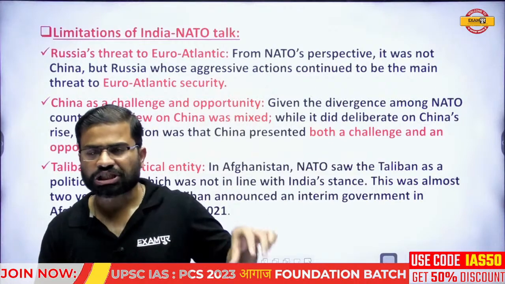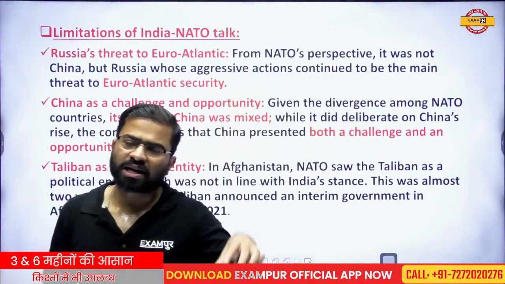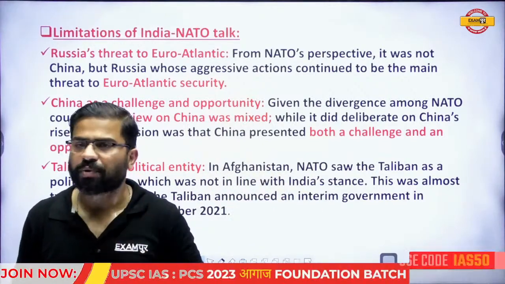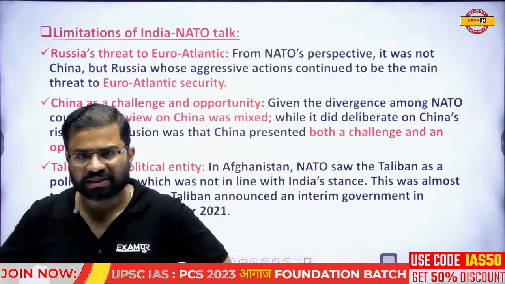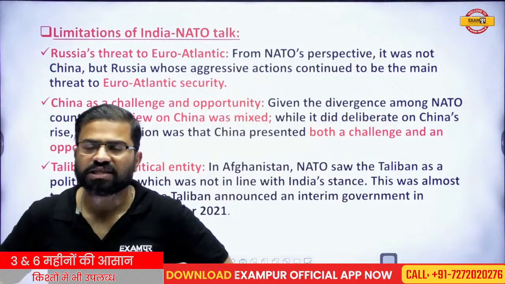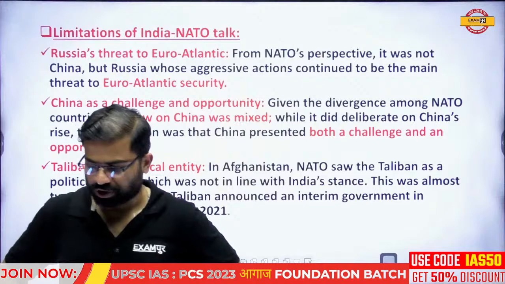Now the security of Sri Lanka has been challenged. If China's submarine stays near Sri Lanka, then what is the security of Sri Lanka? Apart from that, if the submarines are placed near Sri Lanka, our own deterrence, India's own deterrence, is being challenged. So China has been taken both as a challenge and as an opportunity.